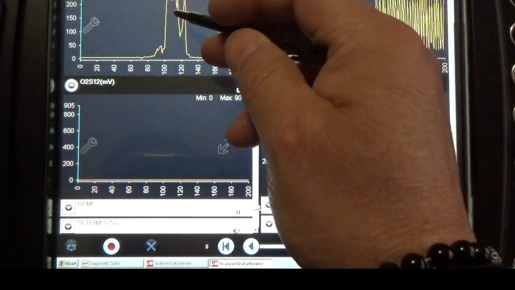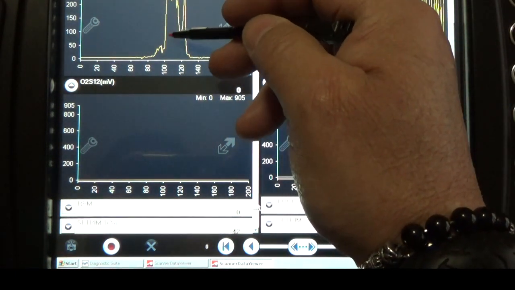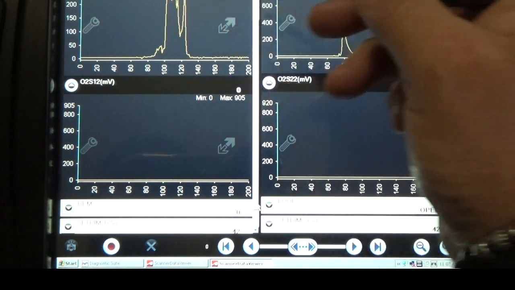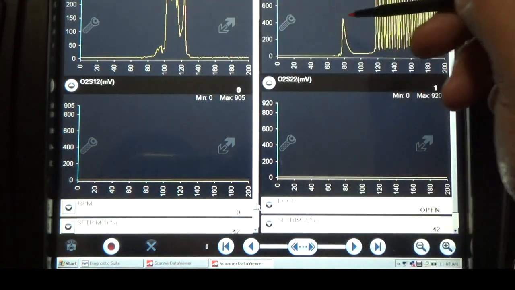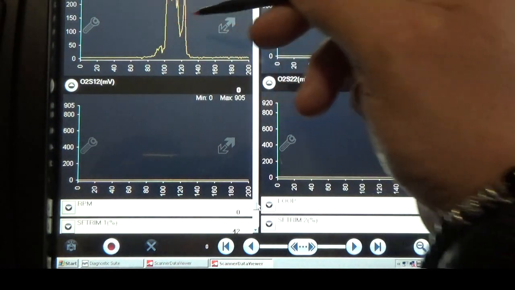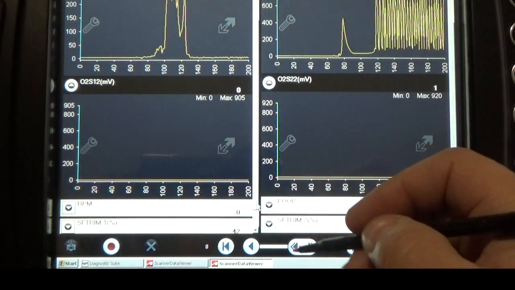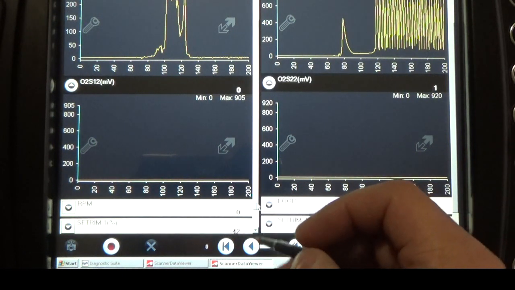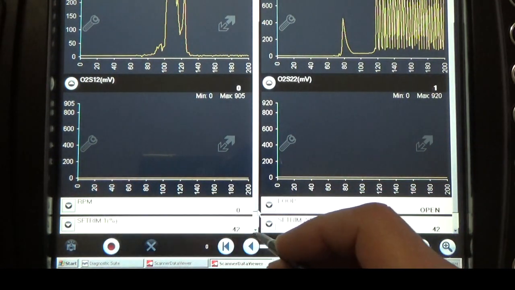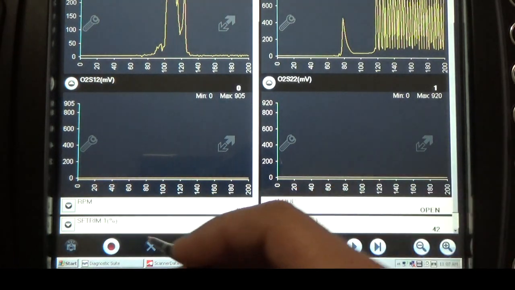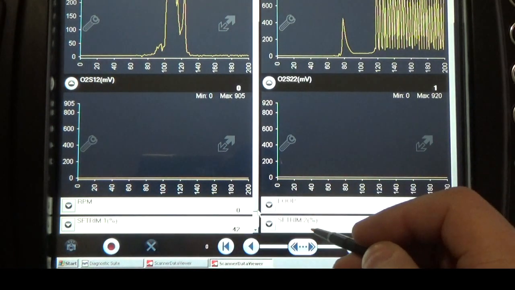Okay, this peak that you see here is the first start when you crank the car to start. This peak over here, this peak over here. And then this over here is the filtering numbers in bank 1 and in bank 2.